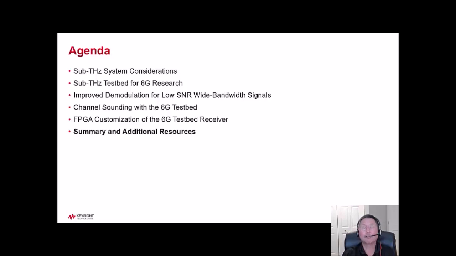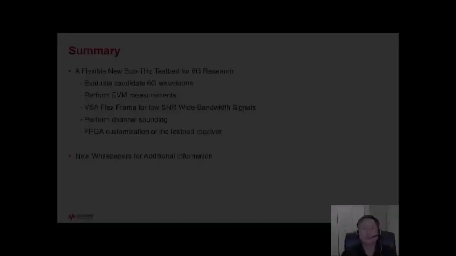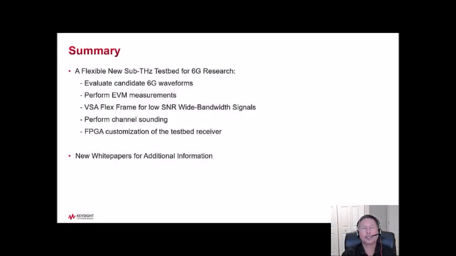Now let's summarize and reference some additional resources. We hope you found this work interesting and informative. There are some additional resources that I'll cover next, but to summarize, we covered a flexible new sub-Terahertz testbed for 6G research.